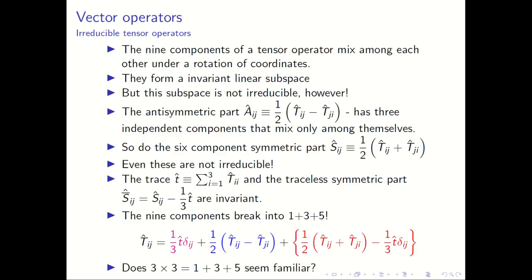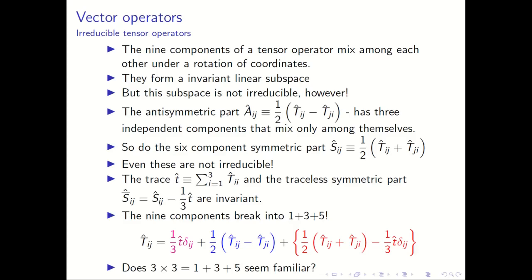Except, of course, from what we learned in elementary school when you were a kid. Well, if it does not seem too familiar, let me remind you that 3 is the dimensionality of spin 1. So if you had 2 spin 1 systems and formed the composite out of that, you would form a 9-dimensional space.